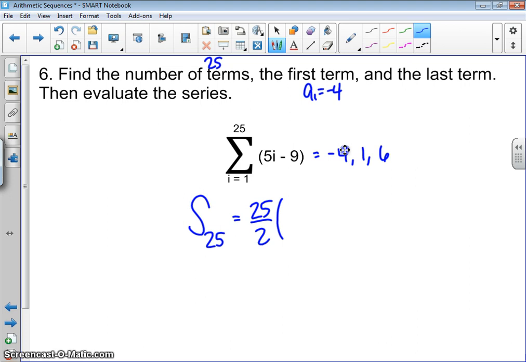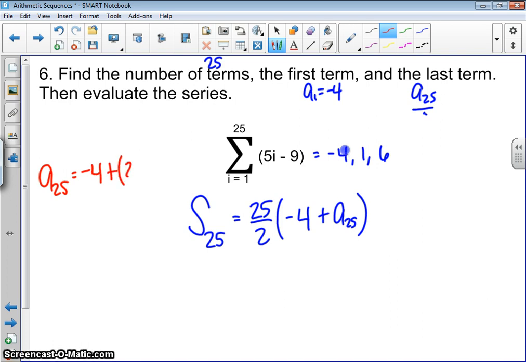And then the last term is going to be A25, and I'll show you how we'll find that. Let's go ahead and plug in negative 4 right here. And then I'm going to do plus. Now, An would be A25, and so that's what I'm looking for right here too. And so I'm going to go use this other formula. A25 is going to equal A1, which is negative 4, plus n minus 1, 25 minus 1, times the common difference.